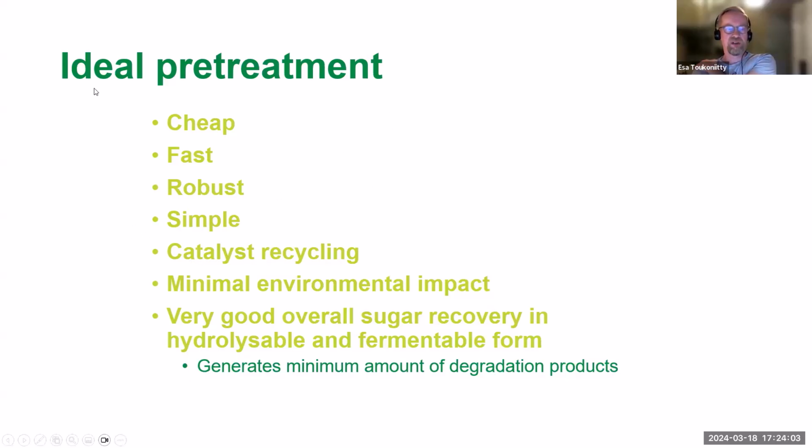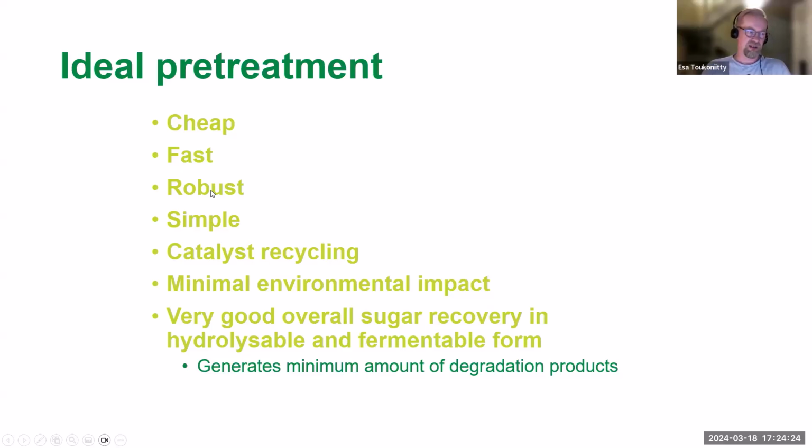Ideally, the ideal pre-treatment would be very cheap. Nobody wants to pay any extra if you can get it done cheaper. Also, it should be rather fast and robust.